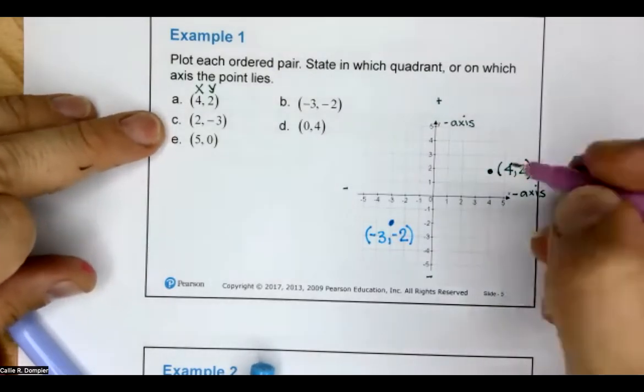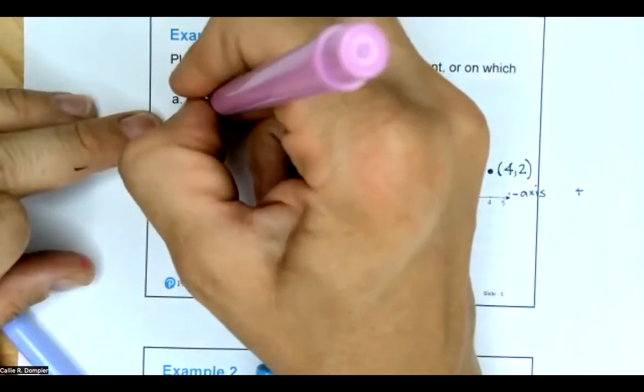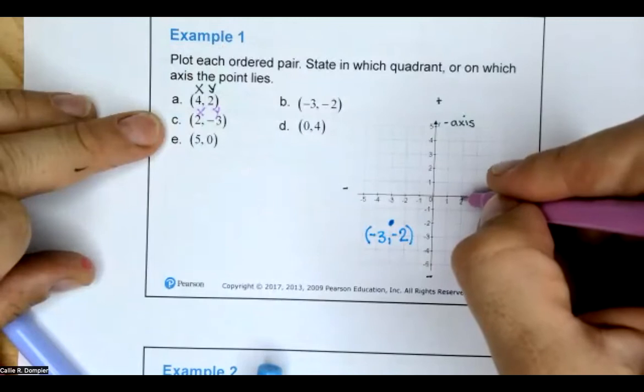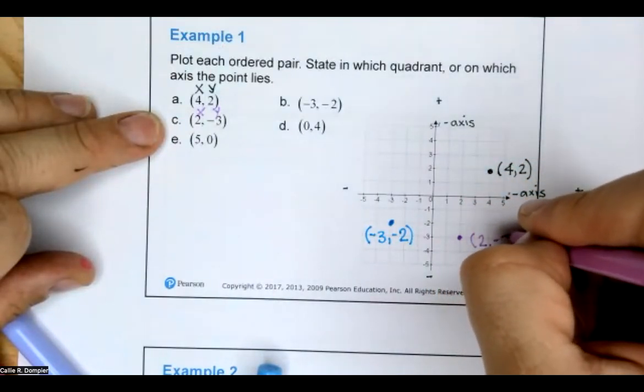C is (2, -3), so I'm going to go +2 on x, -3 on y. So out 2 on x, down 3 on y. That's the point (2, -3).